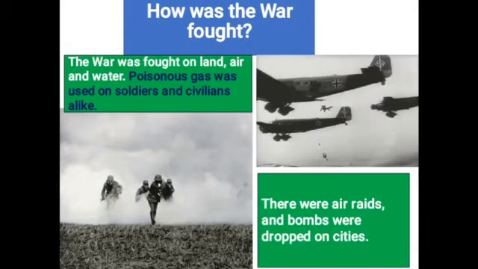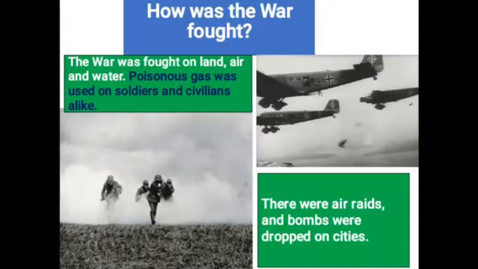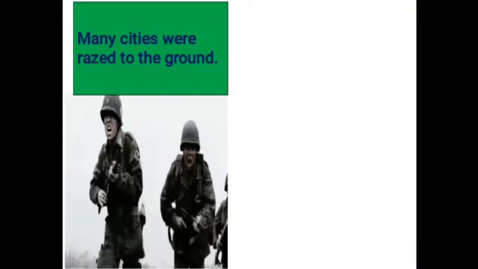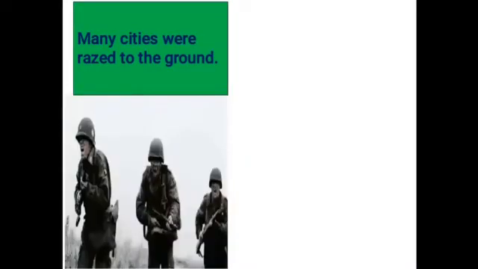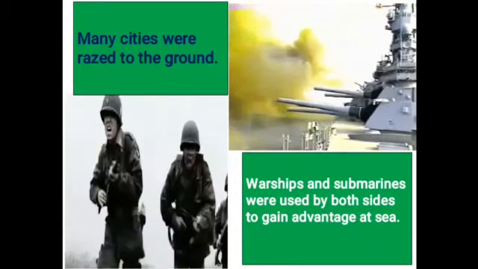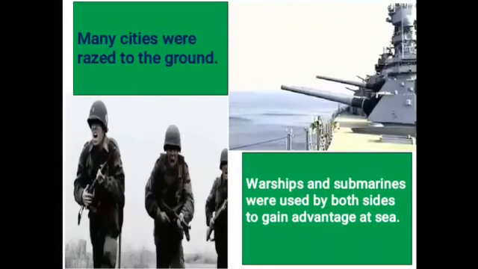There were air raids and bombs were dropped on cities. Many cities were razed to the ground, and warships and submarines were used by both sides to gain advantage at sea.